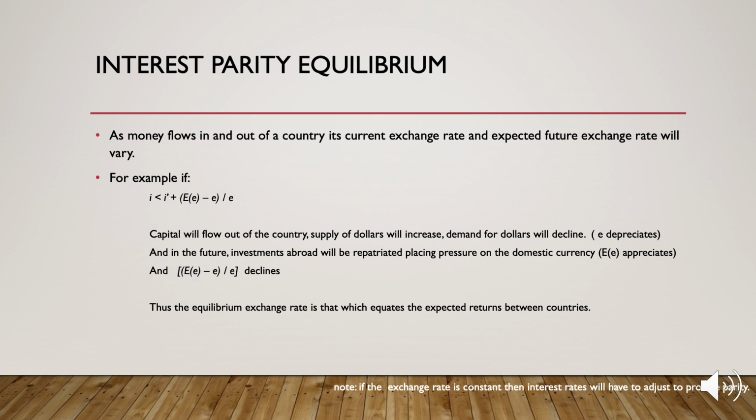So if you turn your attention to the expected rate of depreciation here, that E, both in the denominator and in the right-hand portion of the numerator, that's the current spot rate. And as capital flows out of the country, that's depreciating. So it's going up in value, from 1.20 to 1.30 to 1.40. So the denominator of that expression is growing, and that will force the value of the fraction to go down.